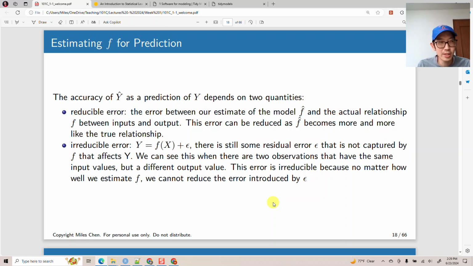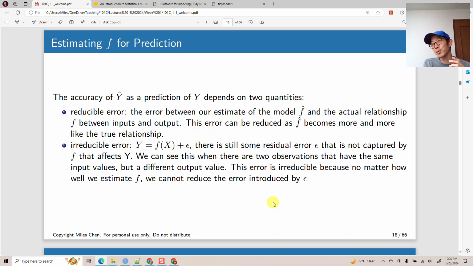In general, the accuracy of y hat as a prediction of y depends on two different parts. One is what we call reducible error. That is the difference between our estimated model, f hat, and the actual relationship f.